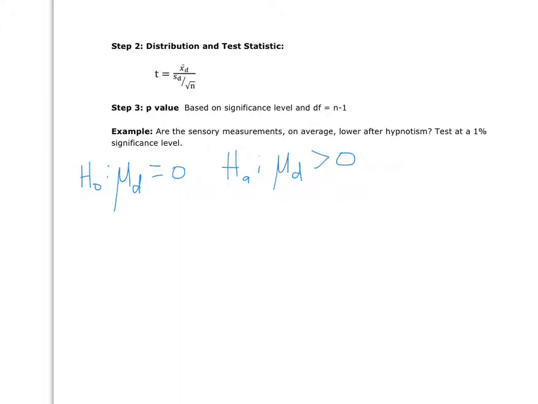Now we can calculate the test statistic. It's a t-value. We calculated that the sample mean difference is 3.13, the standard deviation is 2.91, and our sample size is 8. That gives us a test statistic of 3.04.